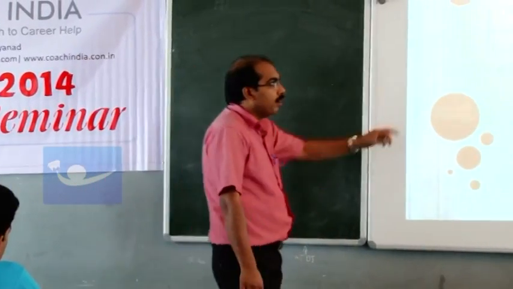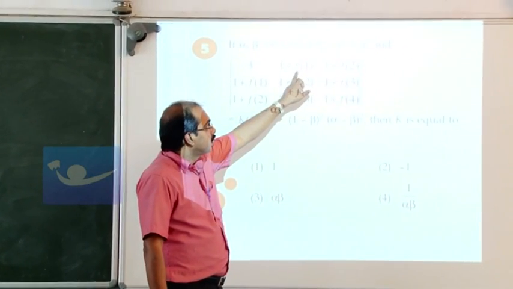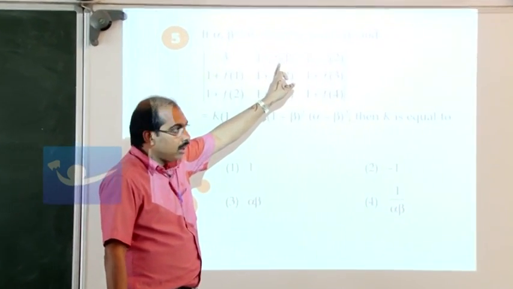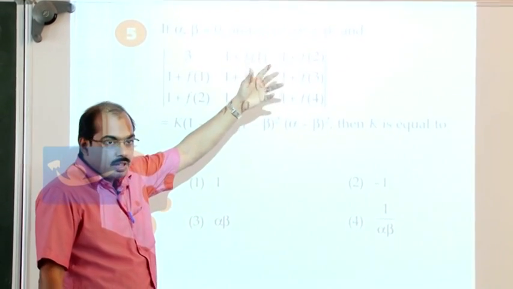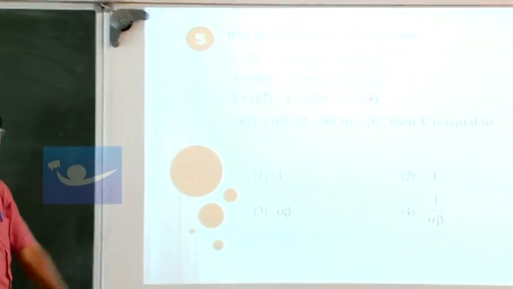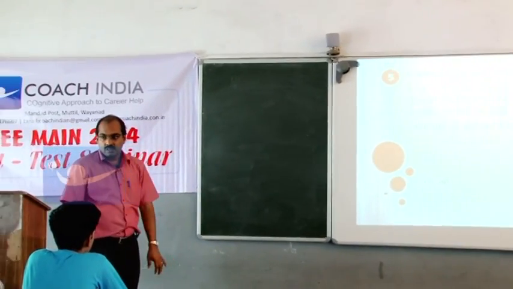That means f of n, alpha raised to n plus beta raised to n, can be split. But here we are applying a shortcut, a substitution will work.